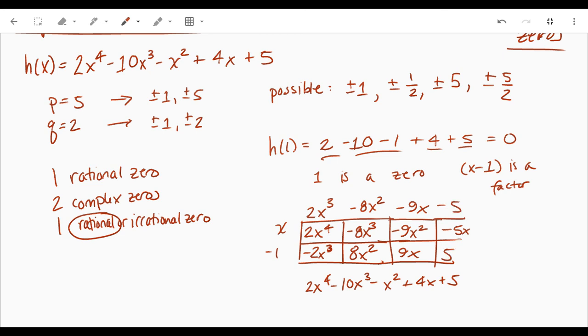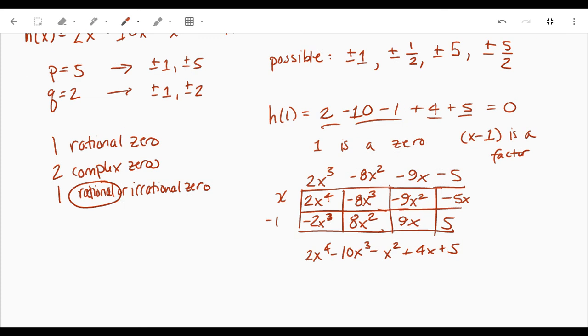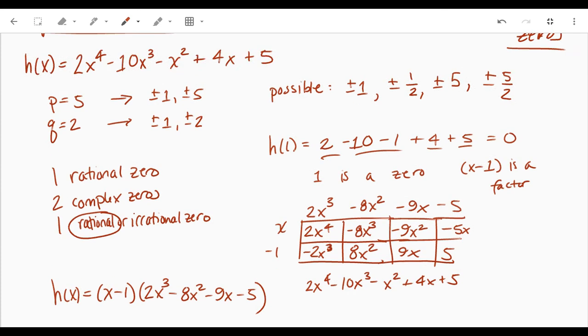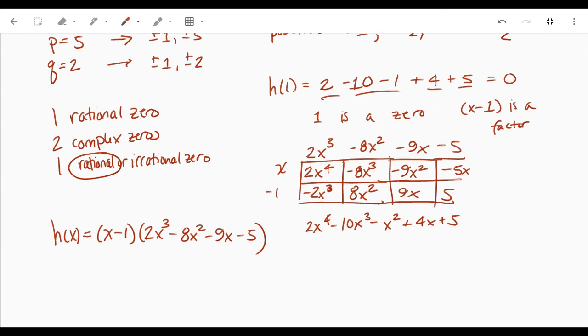Okay, so now I've got h of x can be split into x minus 1, 2x cubed minus 8x squared minus 9x minus 5. Okay, now I'm going to try my other zeros that I have listed. So I can try a negative 1.